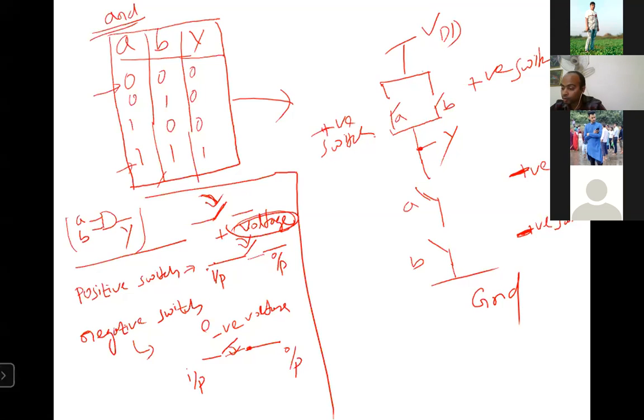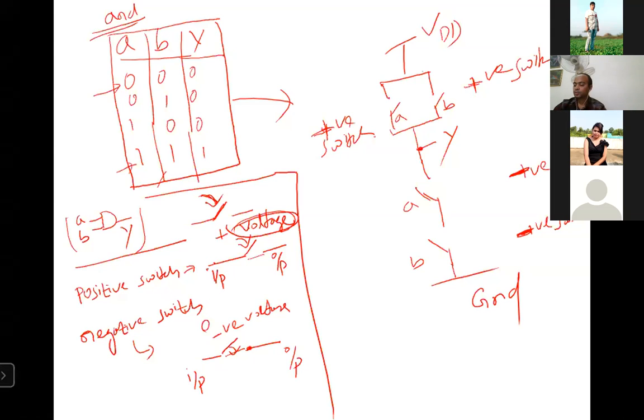Sorry, I have written it positive here, so that's why it's happening. Since this is a positive switch, if I'm giving 0 voltage, whether it will be on or off? Off. Okay, so both are off.